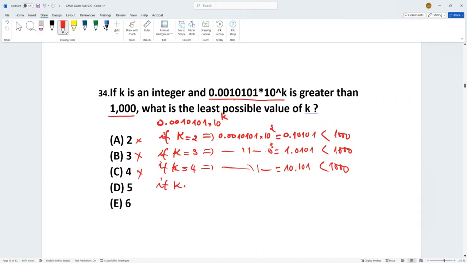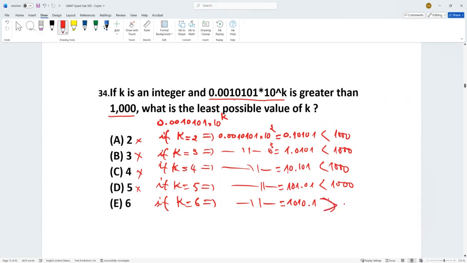If k is equal to 5, you move again, and it gives us 101.01, less than 1,000. So the last one must definitely be our answer. If you move again, we have 1,010.1, which is greater than 1,000. So this is our answer.